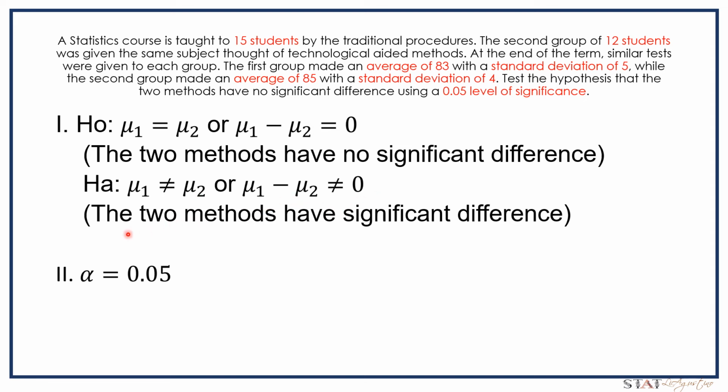In textual presentation, we can state our alternative hypothesis this way: the two methods have significant difference, or there is significant difference on the performance of students when grouped by technology-aided methods or traditional ones. Then our step 2 is putting our level of significance, or alpha, equal to 0.05 or 5%.